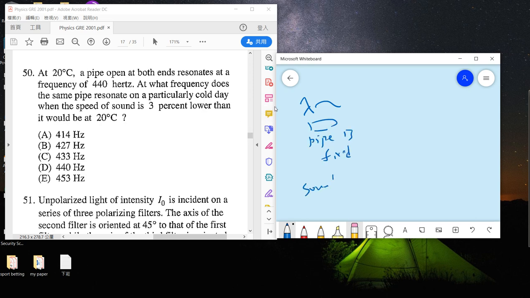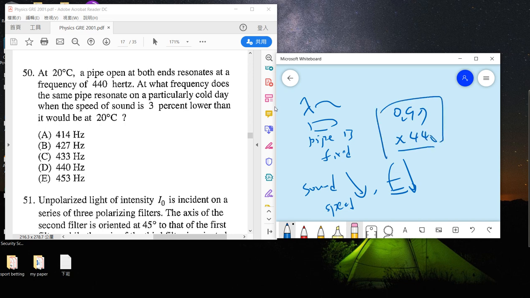So the sound speed decreases, so the frequency decreases. Okay, so 440 should decrease, so the answer must be A or B or C, and all you need is to calculate the answer. So the answer is just B.